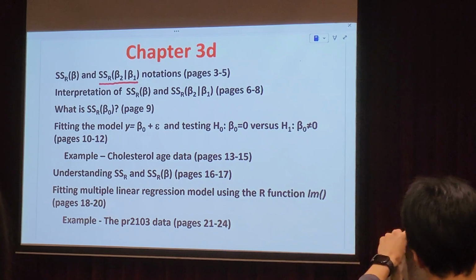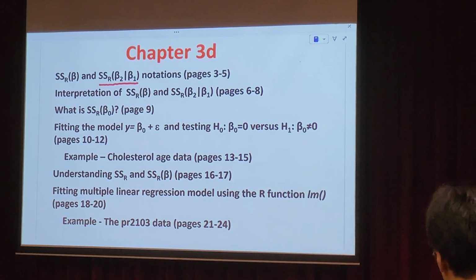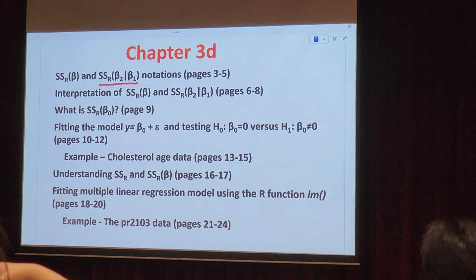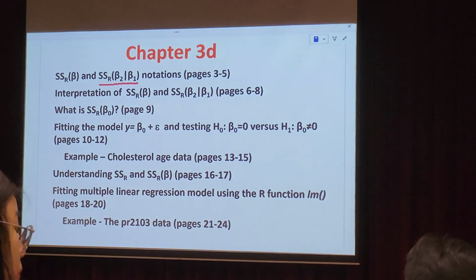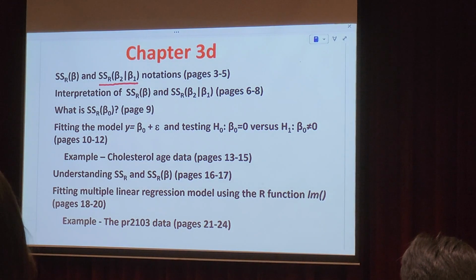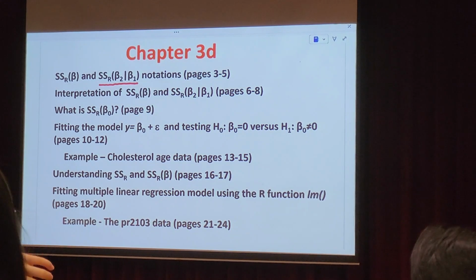So this quantity denotes the contribution of beta 2 to the sum of squares of regression after we have accounted for beta 1. That's what it is. So using the tool life data, we know that we can't just compare the two tool types without taking the speed into consideration, because it might yield a misleading answer.